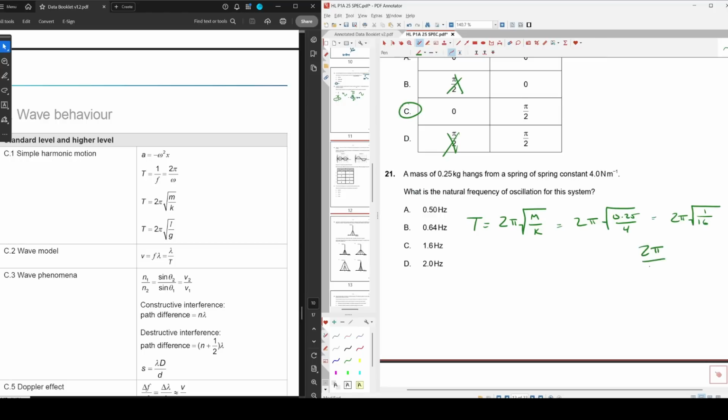So what's that? 2 pi over 4, I guess, is the period. I think that's right. So the frequency is 1 over the period, which is 4 over 2 pi.